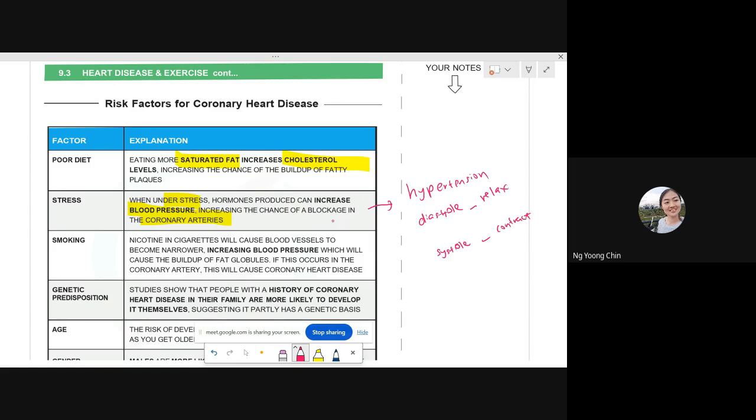So what will happen in hypertension people? For normal people, systole is around 120 mmHg. This is their pressure. Diastole will be about 80 mmHg. If someone's blood pressure is recorded higher than the normal range, maybe about 150, it is called hypertension.